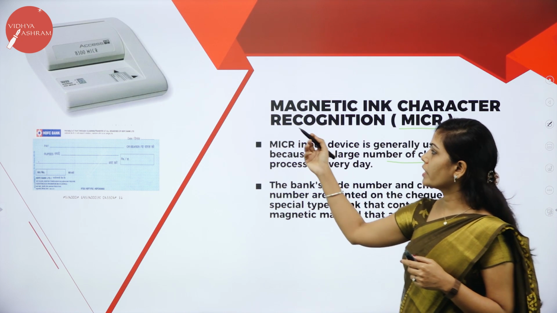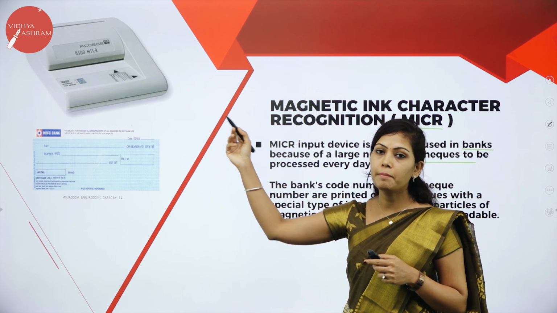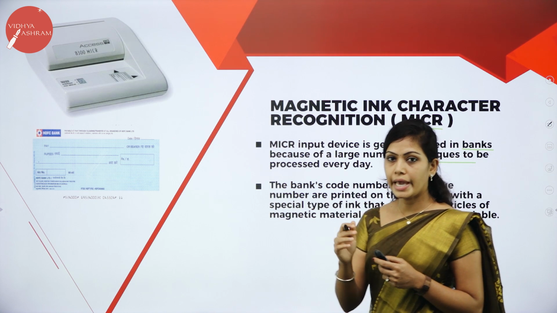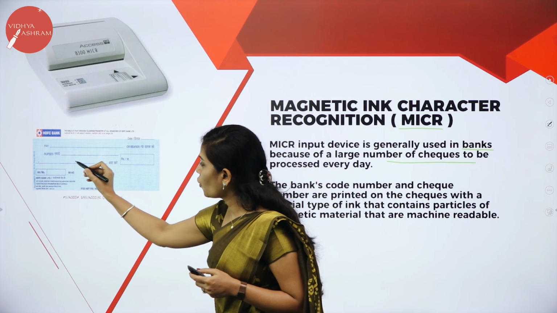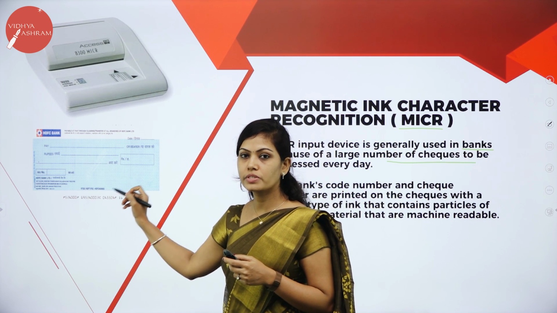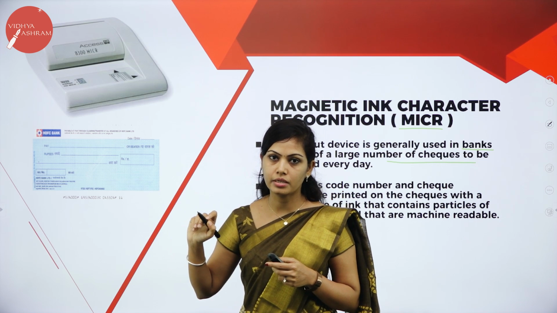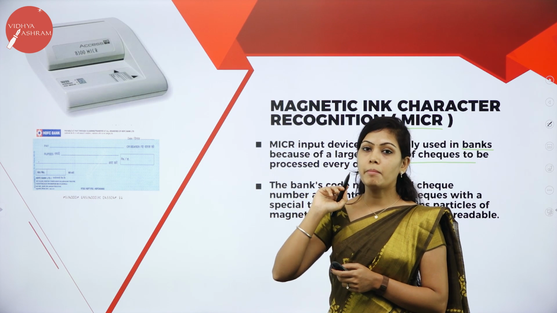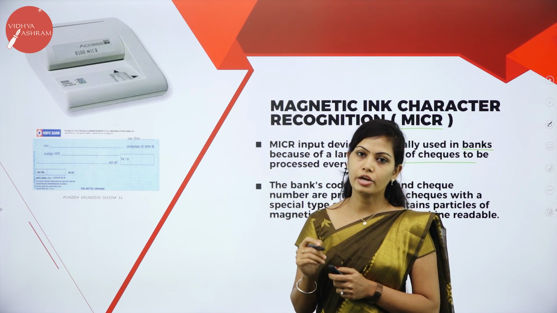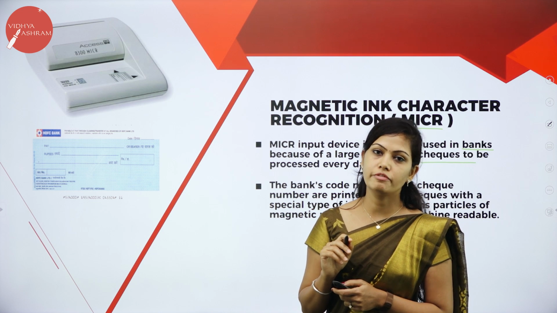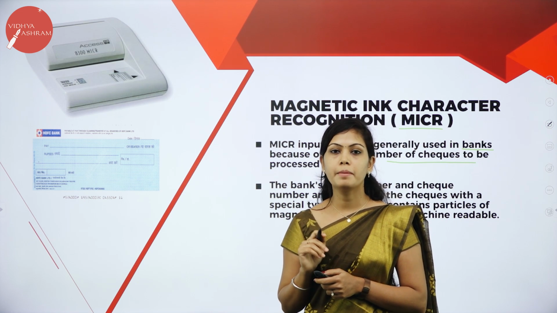So easily we can print the cheque using the MICR machine. MICR can print the code number and cheque number using a special type of ink. So MICR, magnetic ink character recognition, is an input device. Especially we are using it in banks.